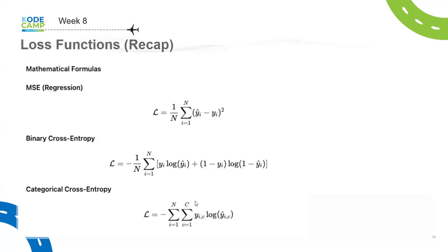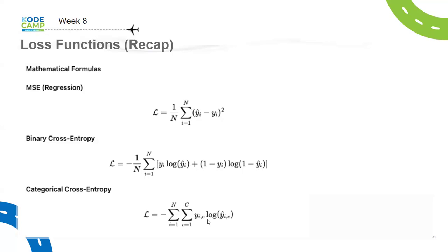If you reduce this to where C is 2 for two classes, you find that it reduces to yi log y hat i, plus yi2 log y hat i2, right? So you are going to have two components to that sum. The only difference is that here we have flipped it so that we get zeros when we are closer to zero. So categorical is a more generic form of this same binary cross entropy.